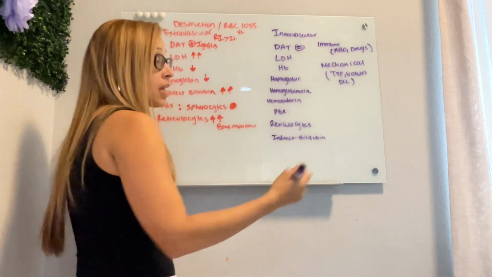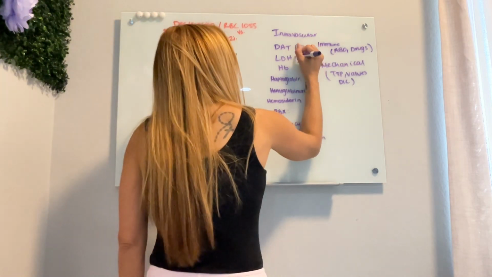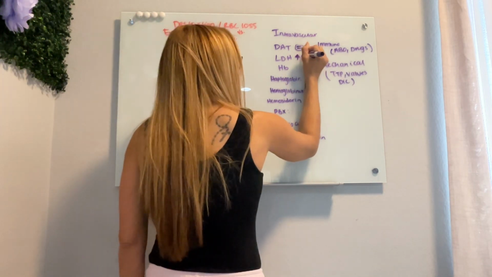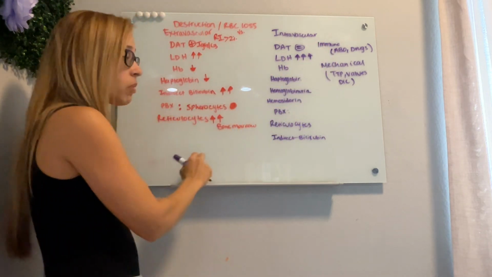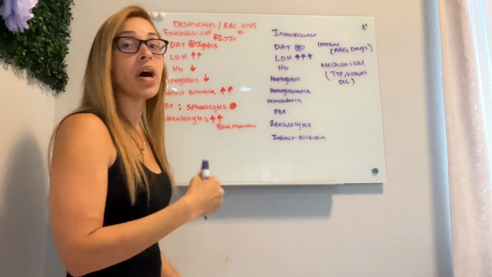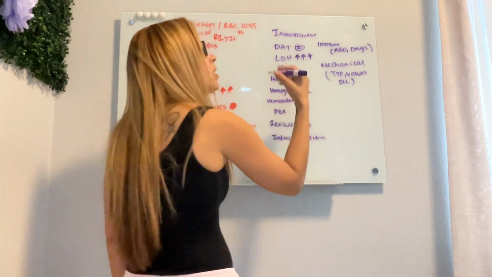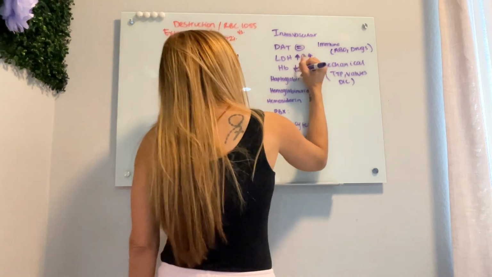Because this is happening inside, the LDH is going to be incredibly elevated in intravascular hemolysis as opposed to extravascular. It will be elevated in extravascular, but in intravascular, it will be much more elevated. And hemoglobin and haptoglobin, they ride together, they die together.